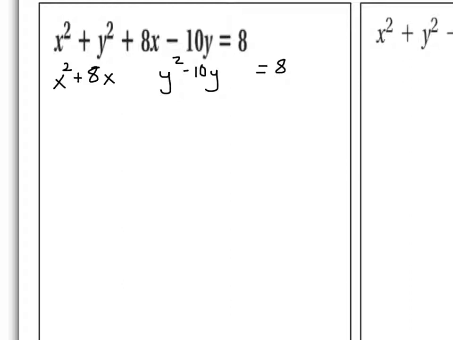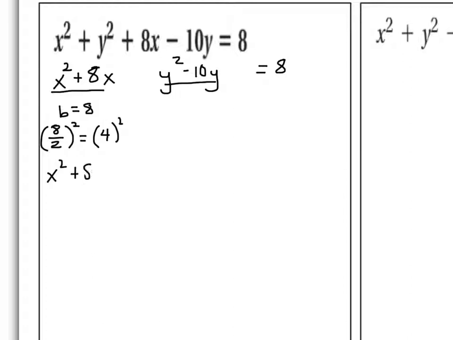Okay, so now what I have to do is complete the square of each part here. Each of these two. So I'm going to complete the square twice. In this case, b is equal to 8. So 8 divided by 2 squared is 4 squared. So I'm going to have x squared plus 8x plus 4 squared.